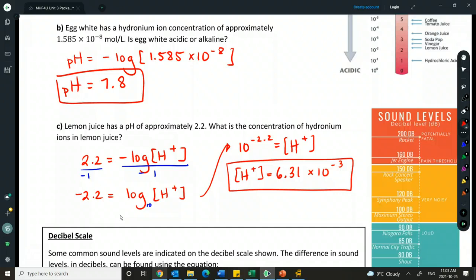Technically, you should express it in this format, but if you happen to give me this answer, I'm not going to make a big deal about it. And this is moles per liter, so I'm going to add that as well.